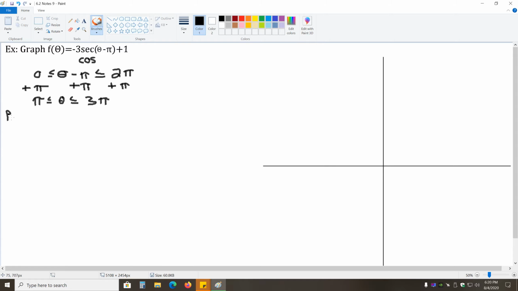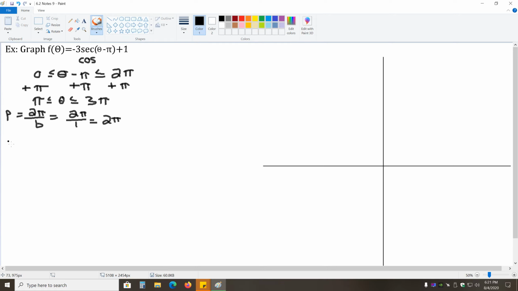Now we're actually going to find the period, which remember is 2 pi over b. And b in this case is the number multiplied to theta, but since there isn't a number multiplied to theta, that means b is just 1. So the period is 2 pi, a standard period for sine or cosine.